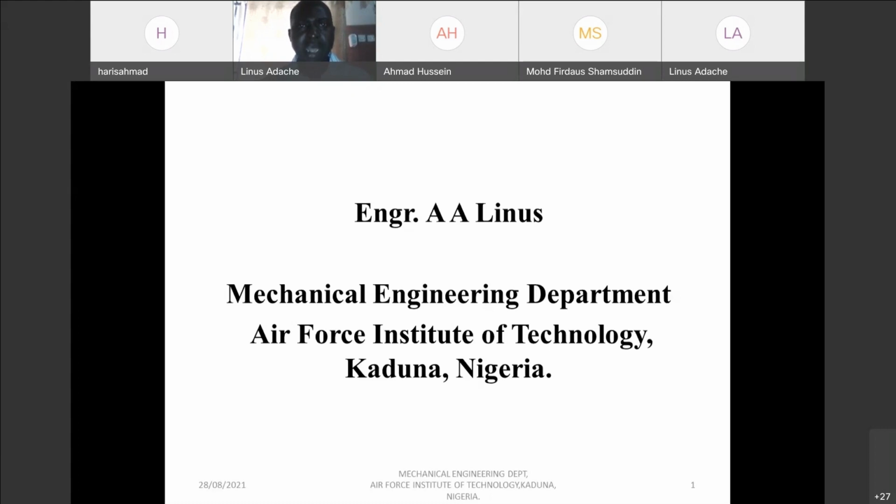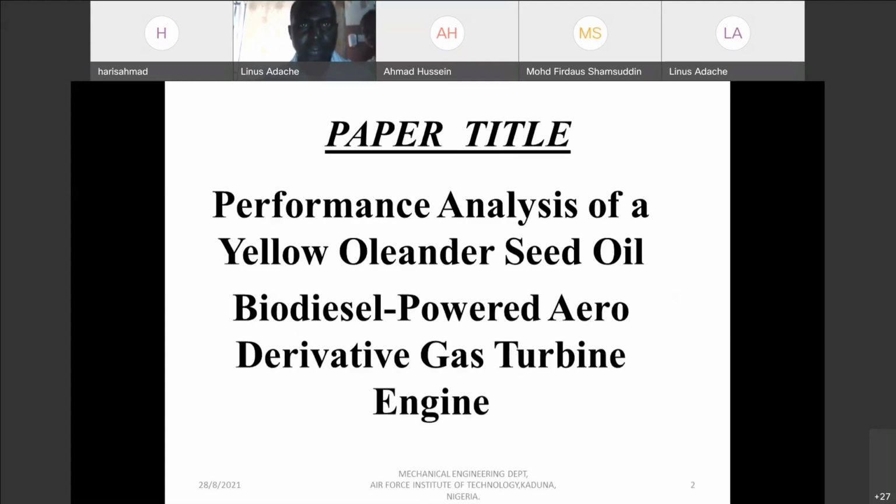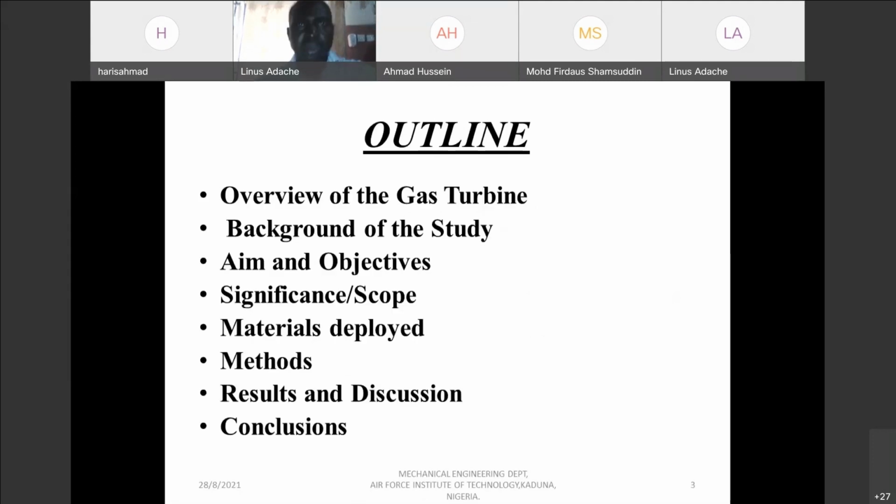I'm Engineer Sadachi, Mechanical Engineering Department, Air Force Institute of Technology, Kaduna, Nigeria. Paper title: Performance Analysis of Yellow Oleander Seed Oil Biodiesel Powered Aeroderivative Gas Turbine Engine.